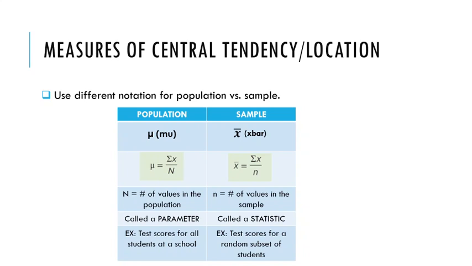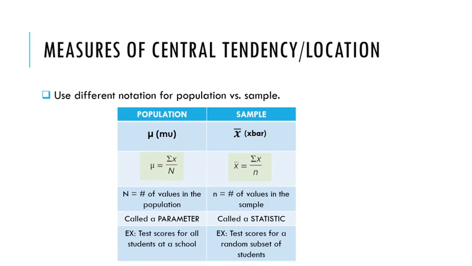We used capital N for the number of values in the population, but here we're using little n for the number of values in the sample. But again, isn't it the same calculation? It certainly is. And as we've already noted, since we're working with a sample, this mean x bar would be called a statistic. So x bar, our mean of the sample, is a statistic.